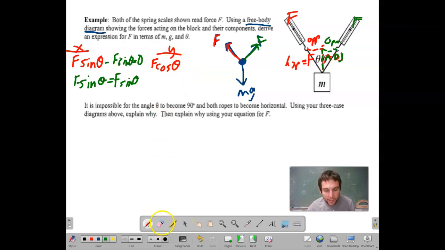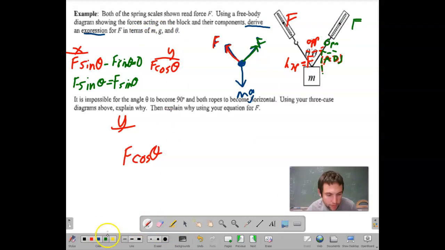For the y component, I'm going to move all of this down. All right, so I've moved it all down here. We also have another vertical component. I'm sorry, the picture moved. So it's going to be F cosine theta for this green vector also, because it's still going in the same direction.